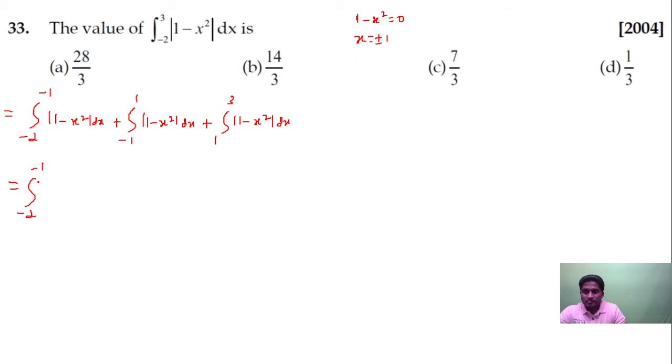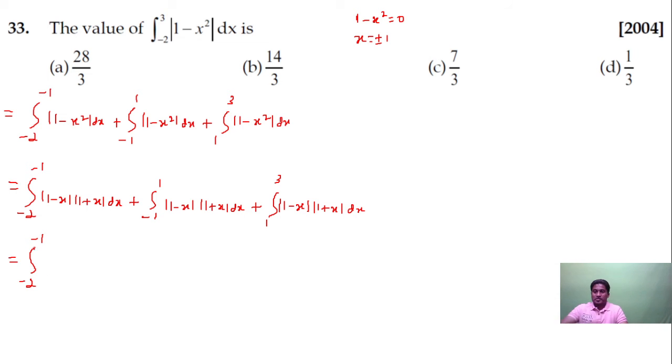Minus 2 to minus 1, I can write this as mod of 1 minus x into 1 plus x. Minus 1 to plus 1, again this is equal to 1 minus x and mod of 1 plus x. Plus integration of 1 to 3, 1 minus x and mod of 1 plus x and then dx.